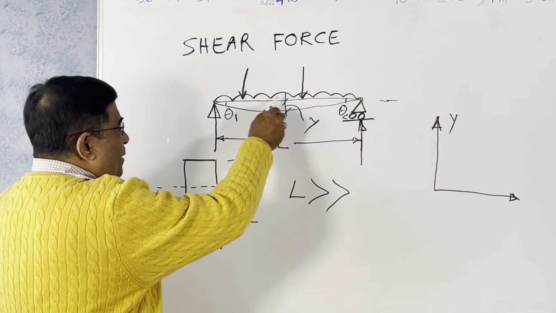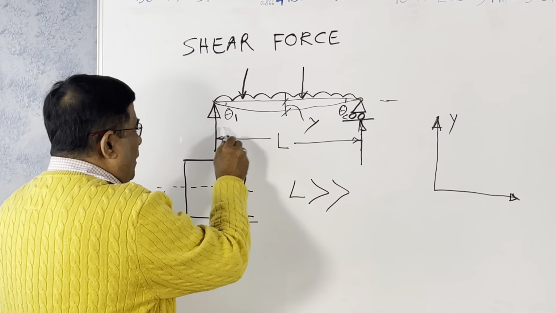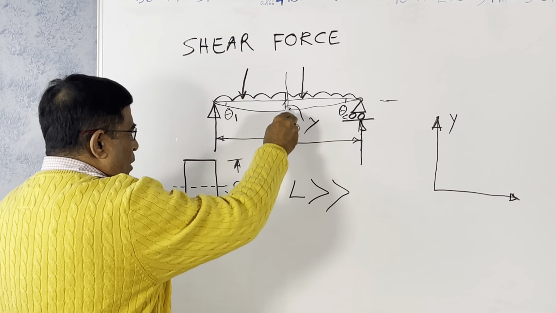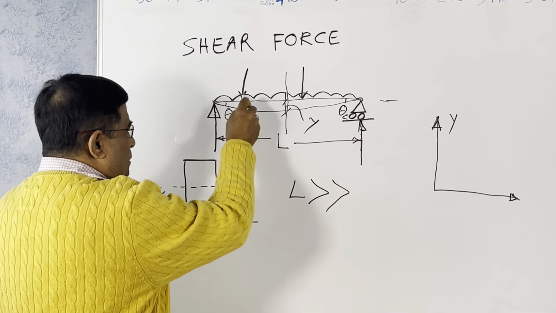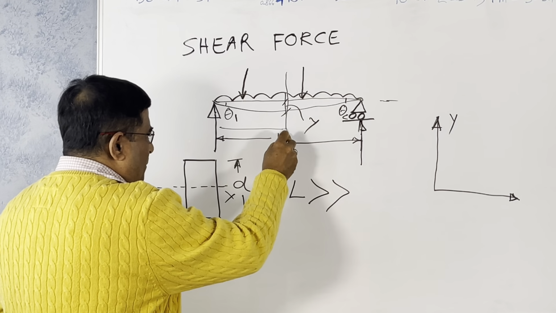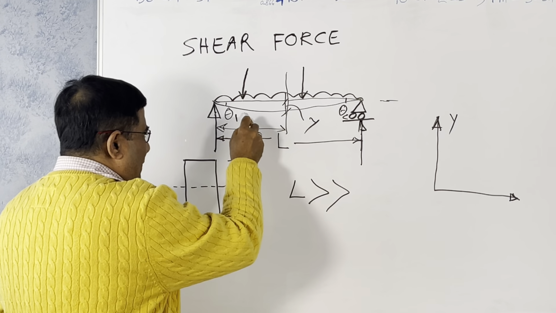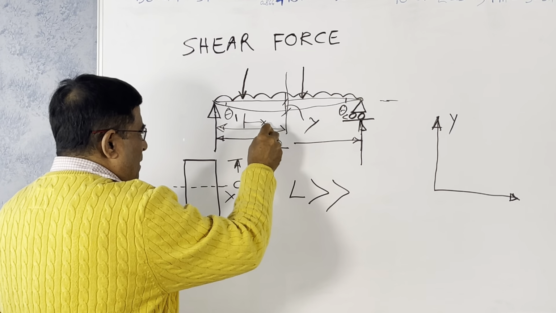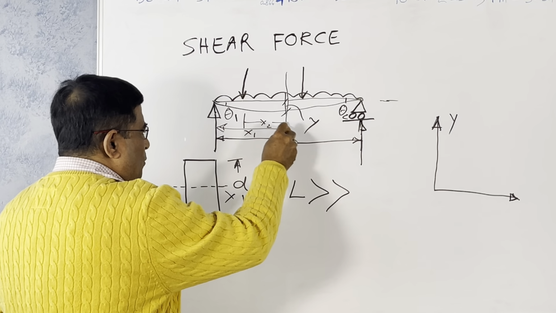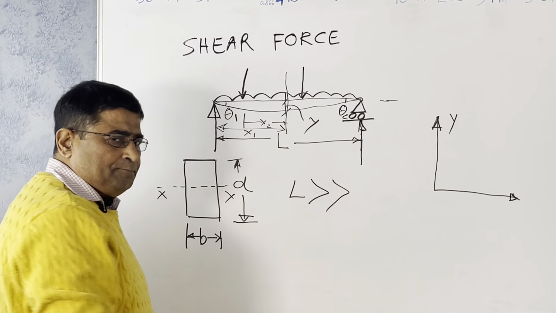Any force multiplied by a distance, suppose you want to find the moment at this point, all these forces you have to multiply by the respective distances, x1, x2, all these.